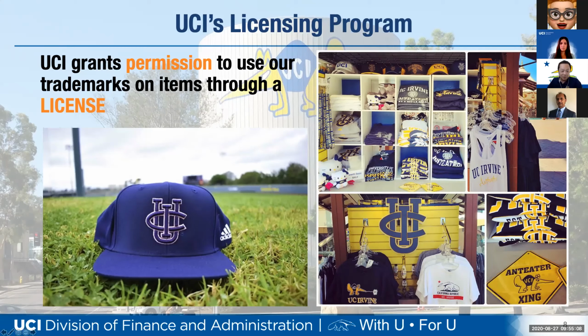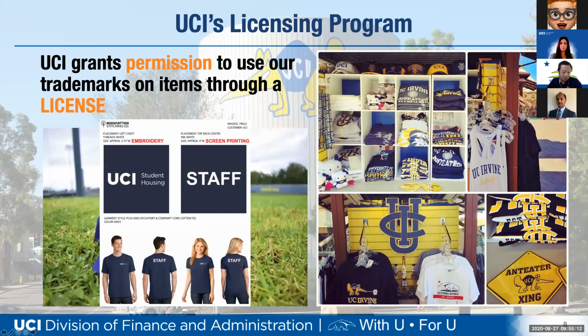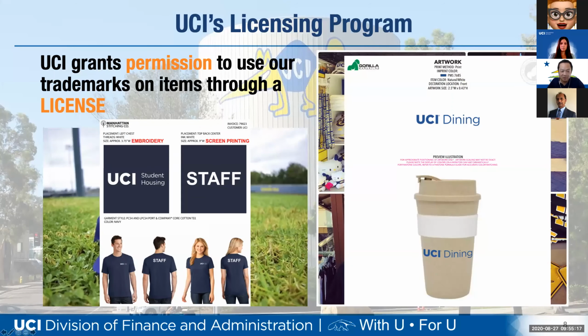In addition to retail items, licensees also will help departments get staff shirts, as well as giveaways like this coffee mug, which I'm still trying to get from dining. Lynn, if you're here, you know how to reach me.